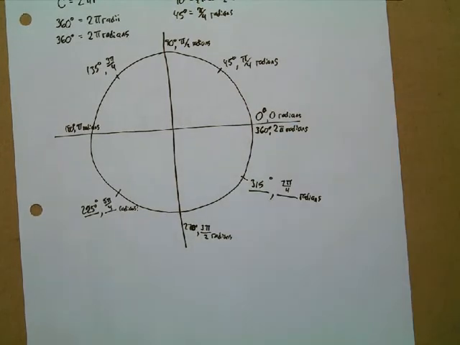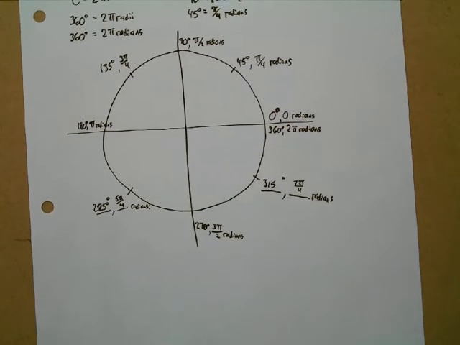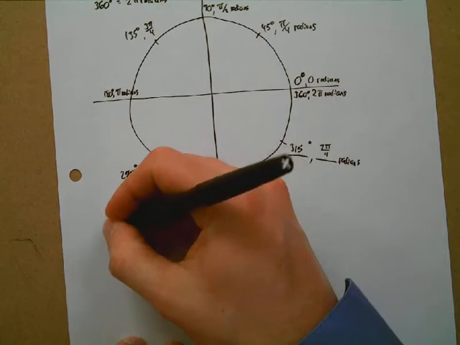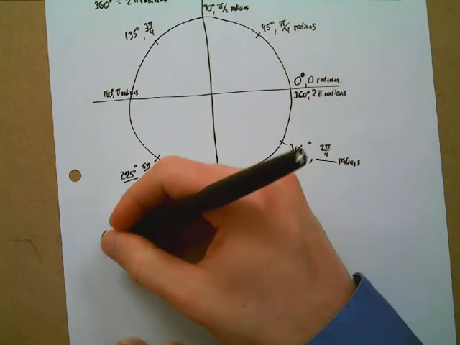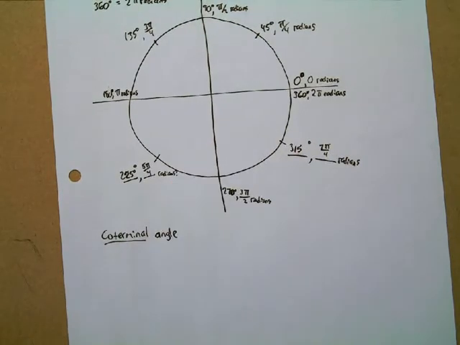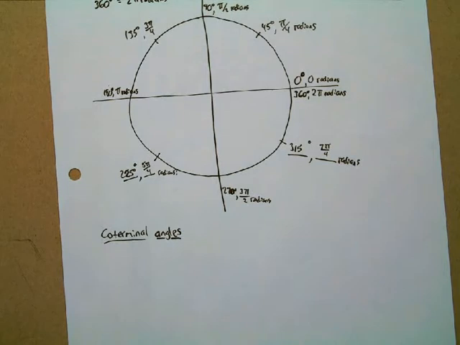So one thing I do want to talk about as well here that kind of pops up is the idea of a coterminal angle, or coterminal angles. For example, right here, this very first point that I discussed with you guys has two measures associated with it.